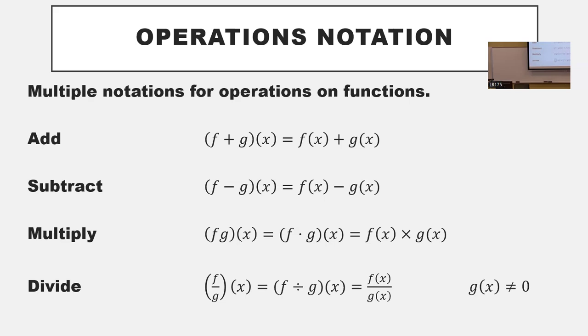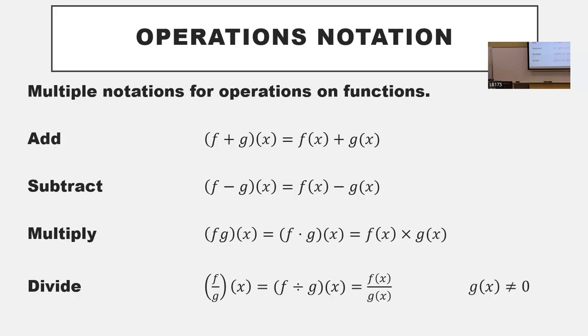And this new function, f plus g of x, is just the output of f of x plus the output of g of x. When you subtract, it works the exact same way. We create a new function called f minus g, and we get the output by taking the output of f minus the output of g.